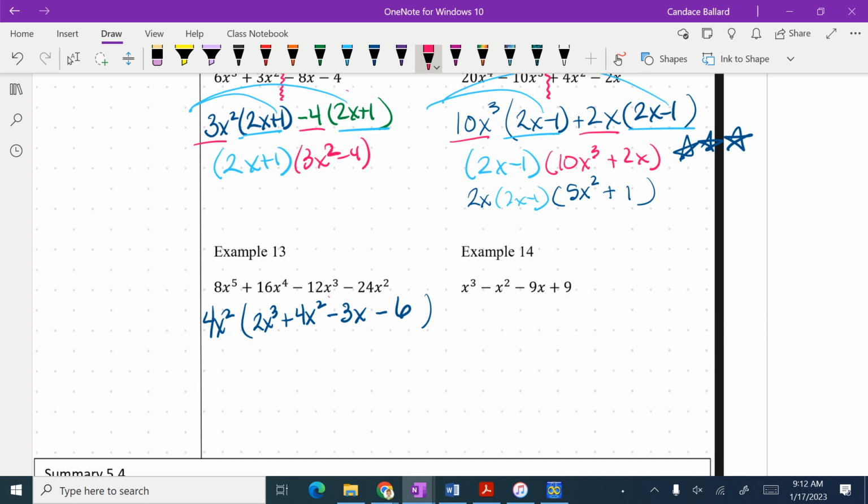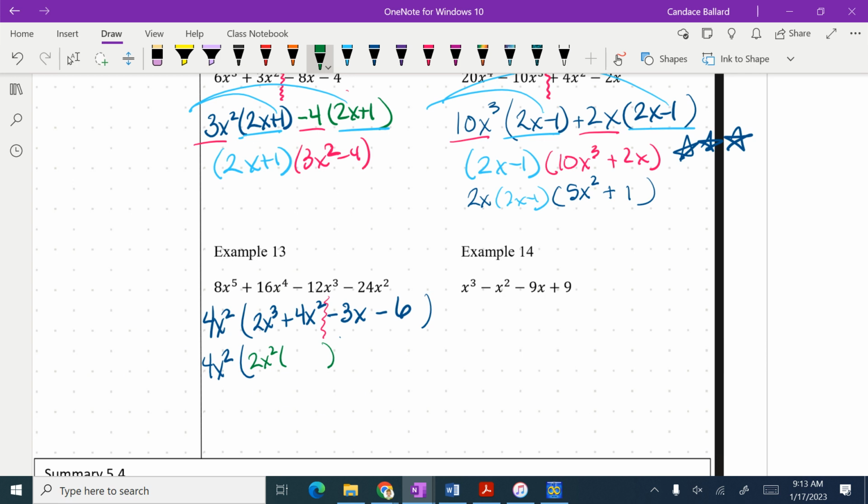Grouping. So I'm going to put my little squiggle in there. Just like we had before, we're going to drop that 4x squared down. I'm going to keep it in parentheses. What are we going to take out of this first group? What's the greatest common factor in this group? 2x squared.